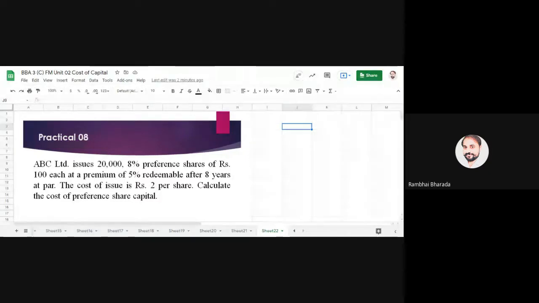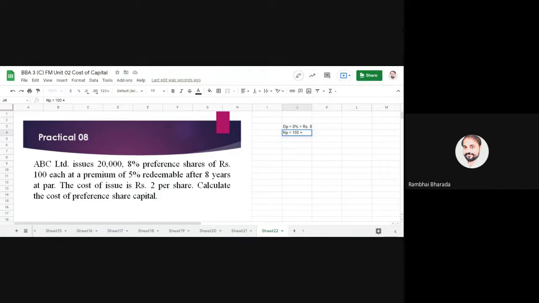So here, DP means how many? See the percentage before the shares, this percentage of preference shares. How much percentage? 8%. And 8% of 100 rupees means rupees 8. NP: 100 plus premium or discount? Premium. How many rupees? 5 rupees. Is there any issue expense? Yes, rupees 2.